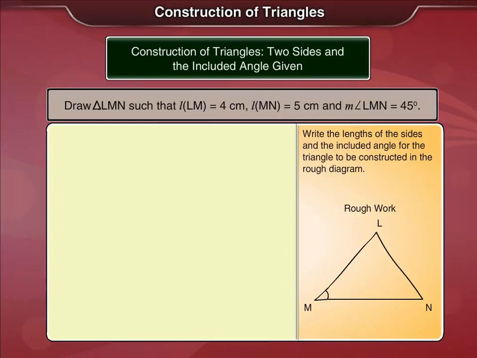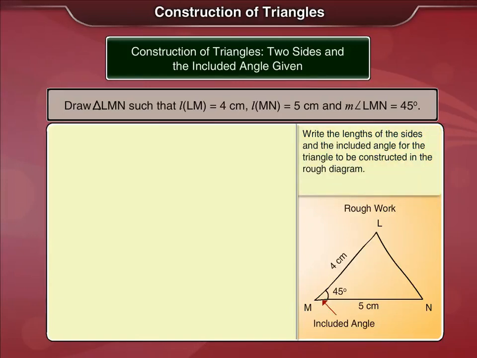Using a scale, draw segment MN of length 5 centimeters. Place a protractor at point M on segment MN and measure angle XMN of 45 degrees. Join point M and point X to get ray MX.